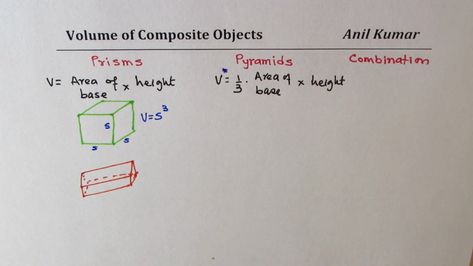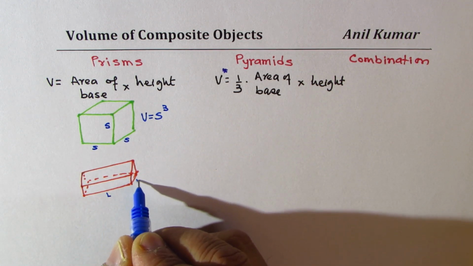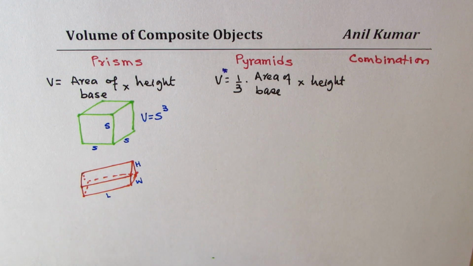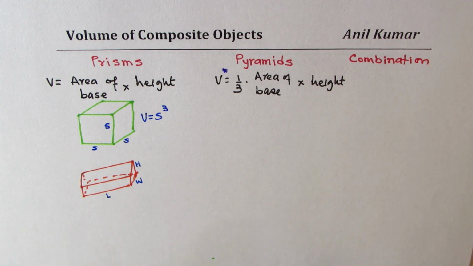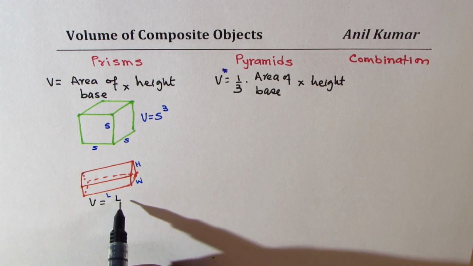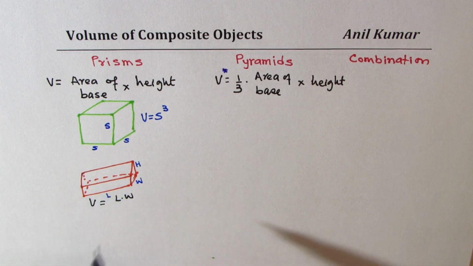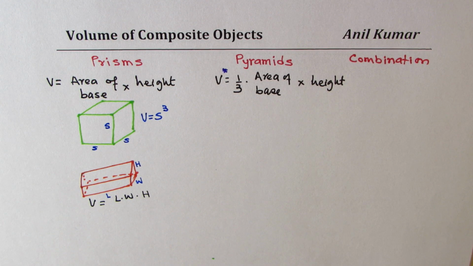Let's say we have something like this, where we're talking about length, width, and height. So in this case, as you know, the volume will be equal to what? Let me write here. Length times width gives you area of the base, times height, right? So just multiply all three of them.